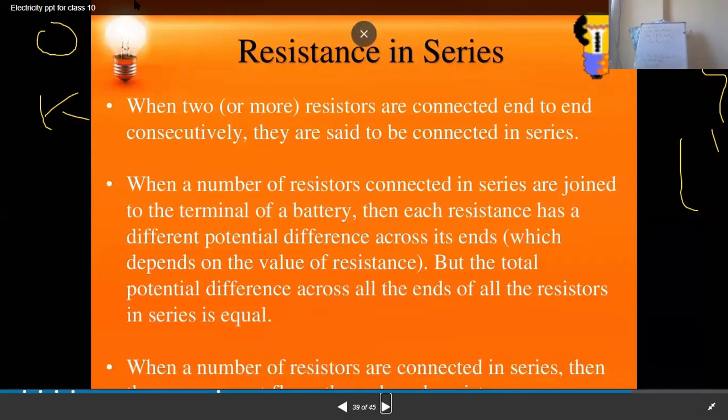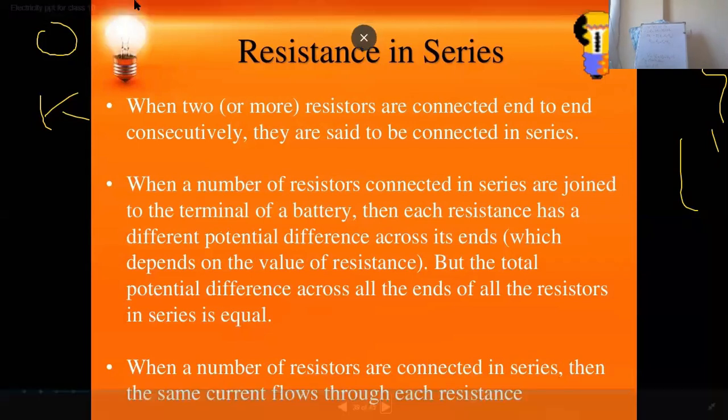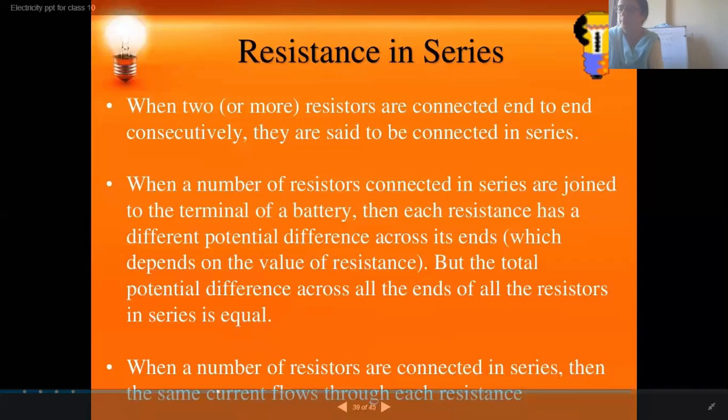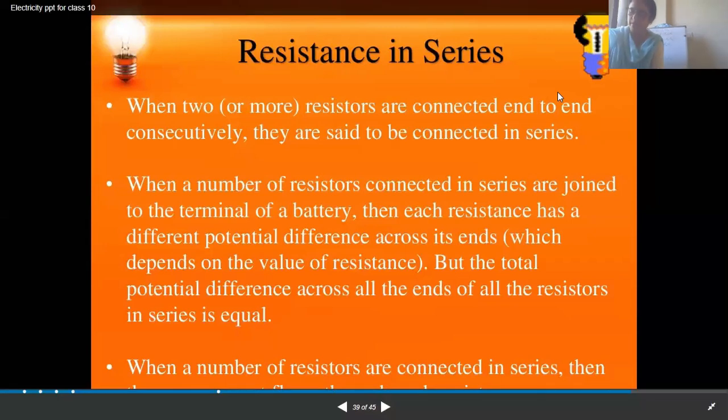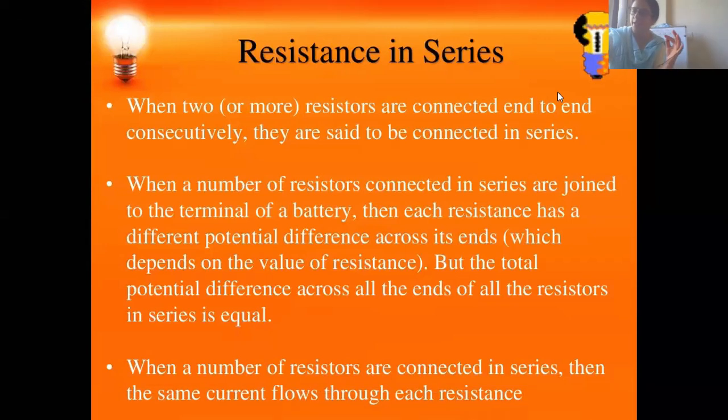Okay, so I hope you have understood what I mean. I was discussing that when the resistors are connected end to end, such a connection we call resistances in series.